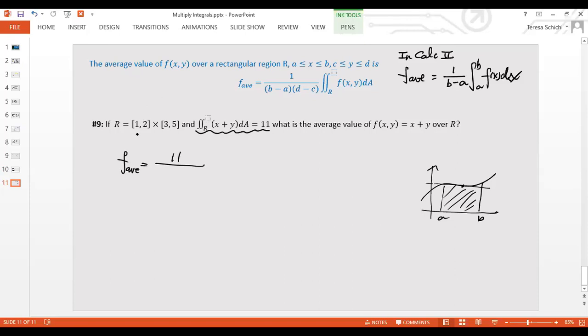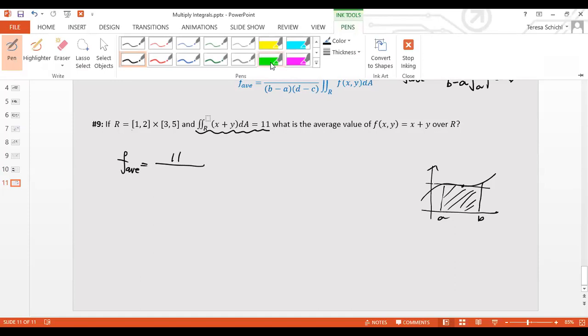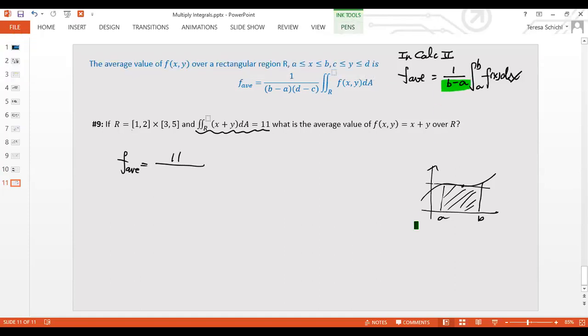And what is the denominator? In calculus, it is the length of the interval of integration. Here, instead of the length of the interval, I need to find the area. The length of this side is 1.